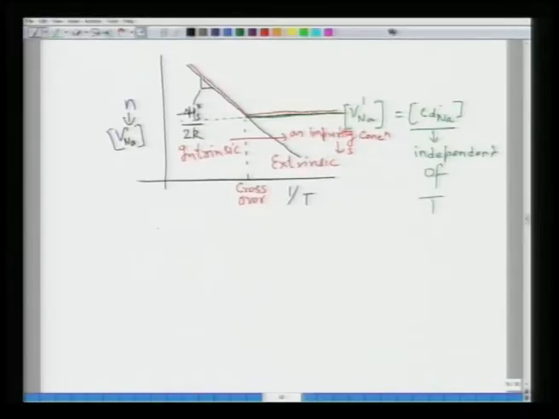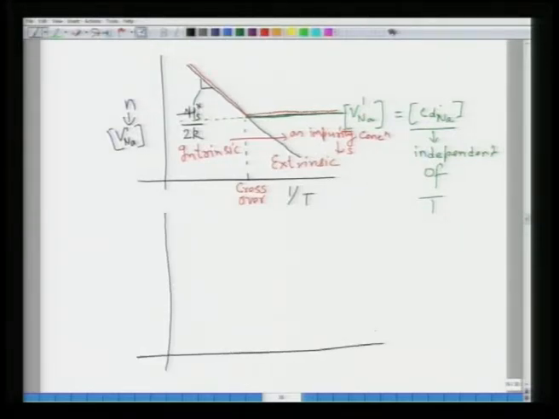So now when you plot diffusivity, the intrinsic diffusivity will be like this, because you know that diffusivity is equal to V_Na into gamma nu lambda square exponential of minus delta G star divided by kT.